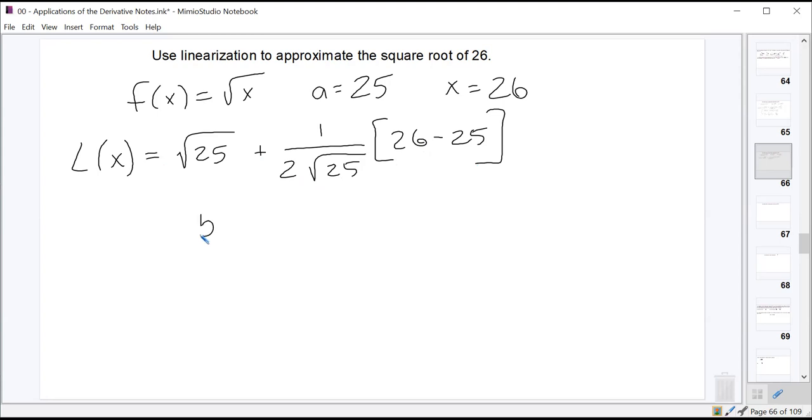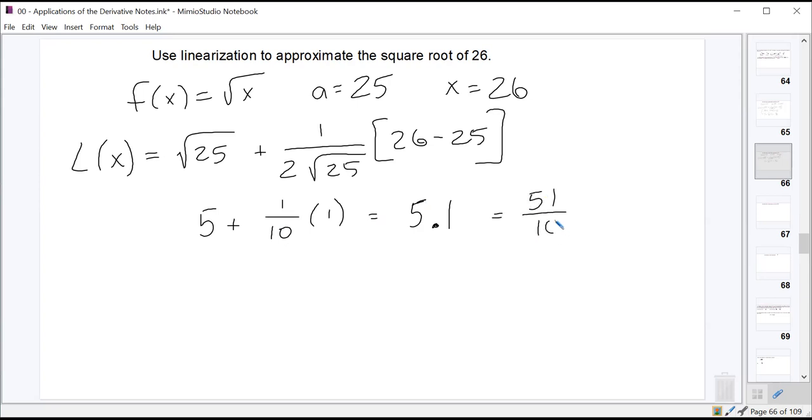Looks like we get 5 plus 1 over 10 times 1, or 5 and 1/10. You can write that as 5.1 if you want, or we can write that as just 51 over 10.